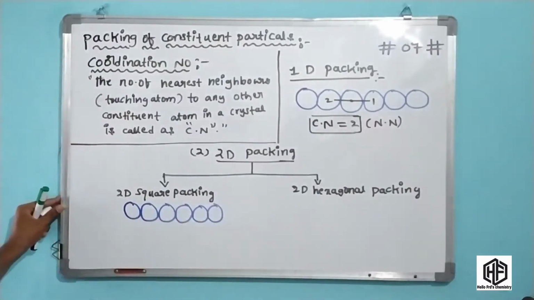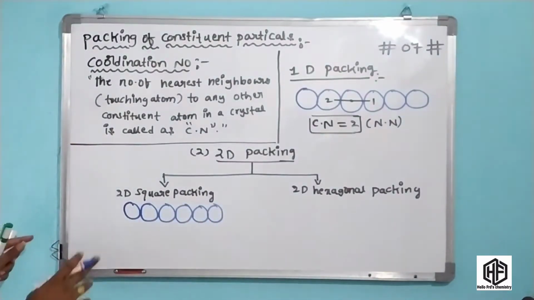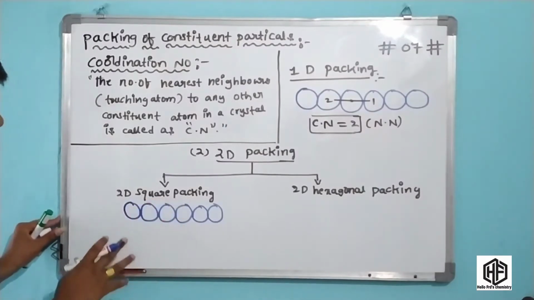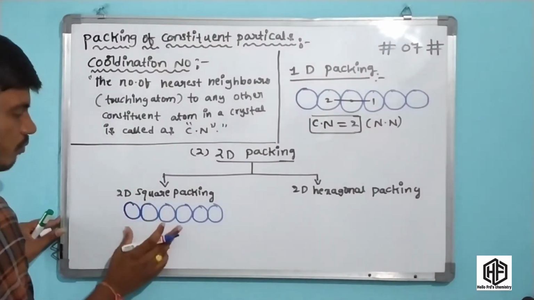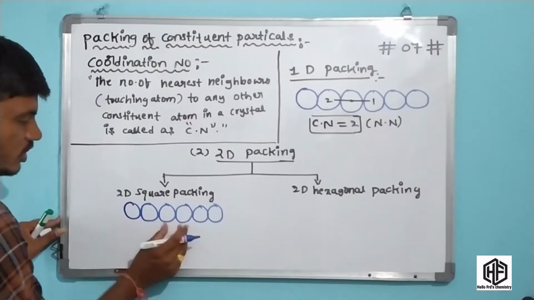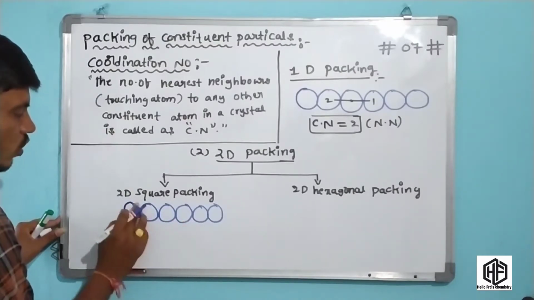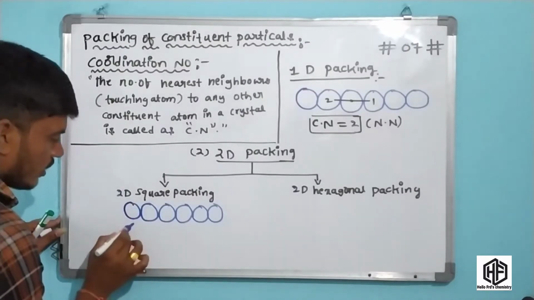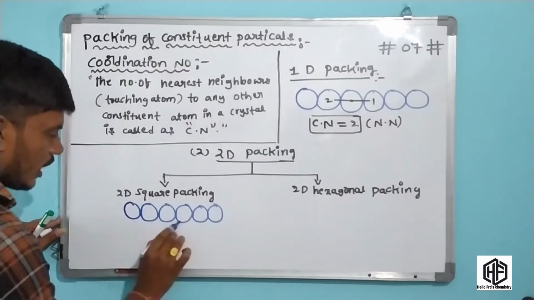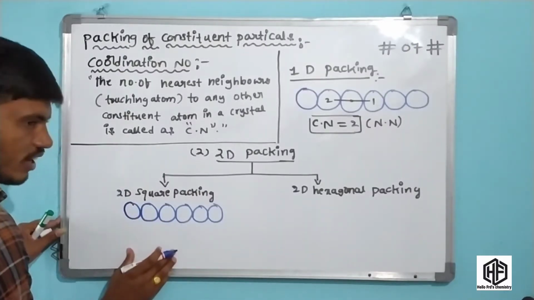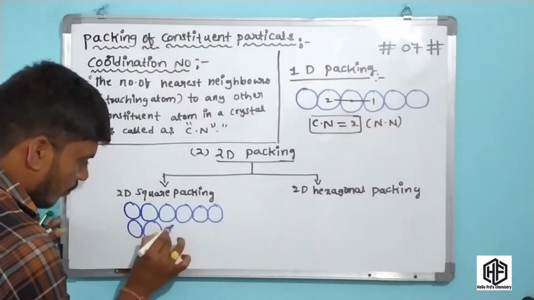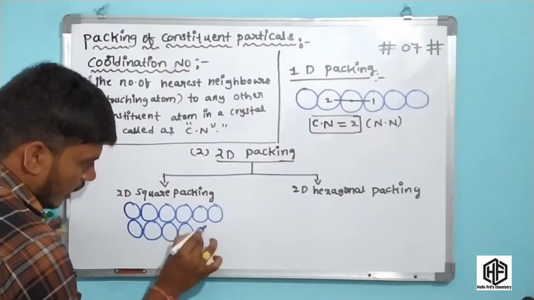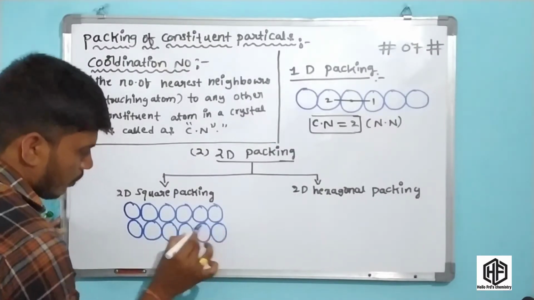In the y direction, the same type of atoms are arranged in the same direction. That is called two-dimensional square packing.